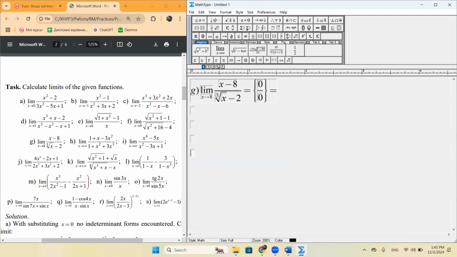Okay. So what about difference of cubes? Or do you remember? Okay, I will remind you.